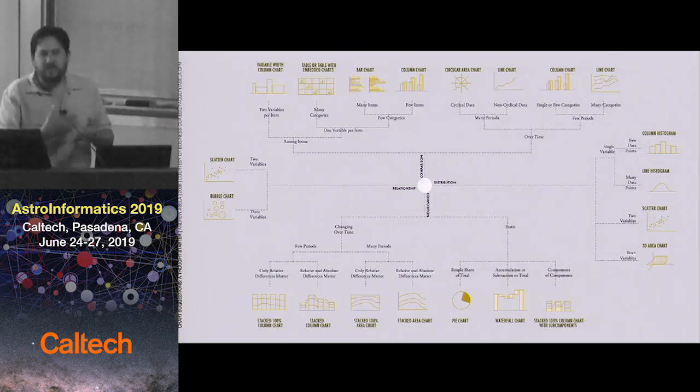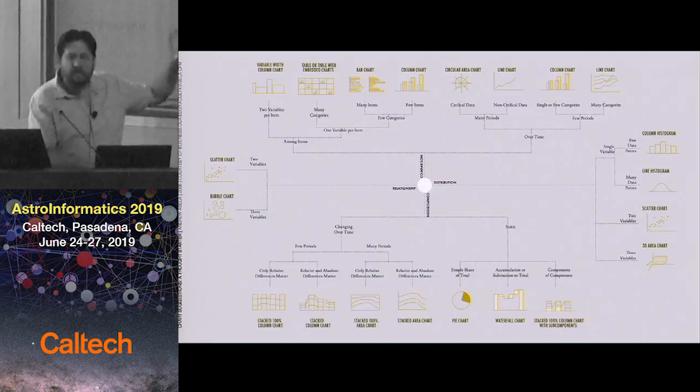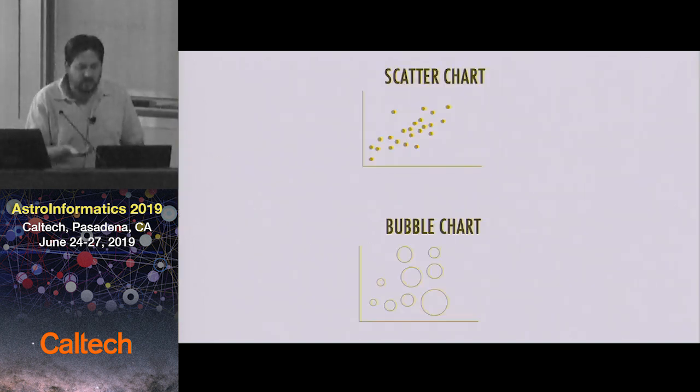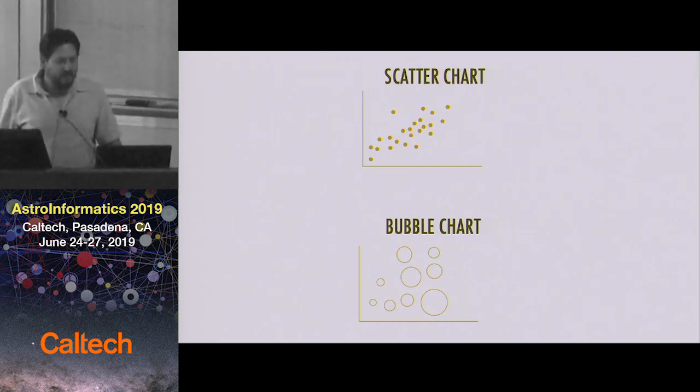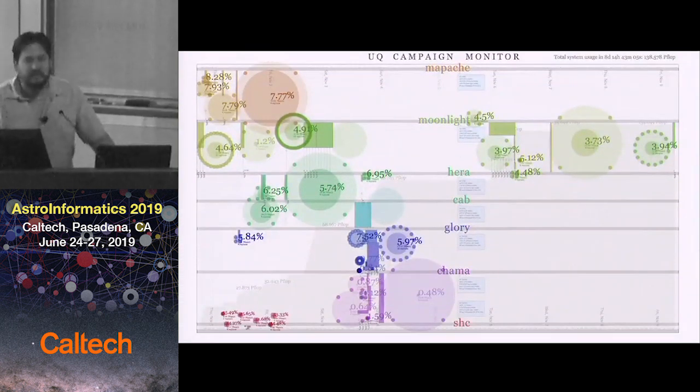But once we start digging into complex examples of data visualization, everything we look at will come down to some of these basic graphs. The ones that we're most used to are scatter plots and bubble charts. And even a complex visualization, like this one right here, is nothing but a fancy bubble plot, right?